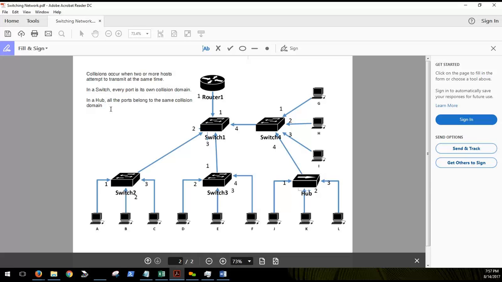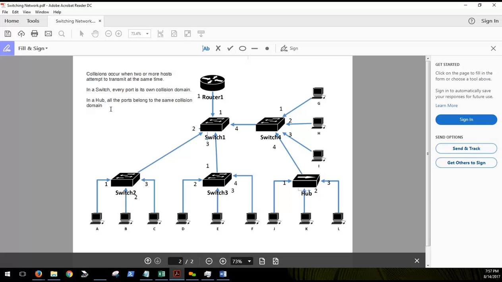For the router, do you have to know that for the exam? Well, you have to know that anything connected to a hub is a collision domain.